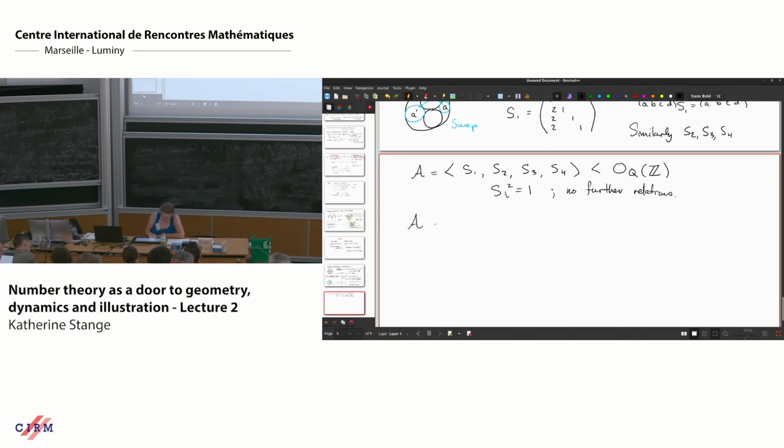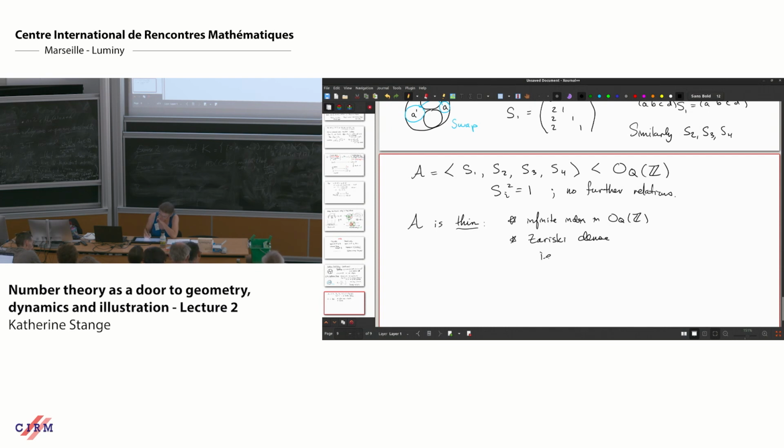And this is what's called a thin group. So what this means is that it has infinite index inside the larger group, the orthogonal group. So it really is small in this sense. But at the same time, it's Zariski dense. I'll tell you what that means.